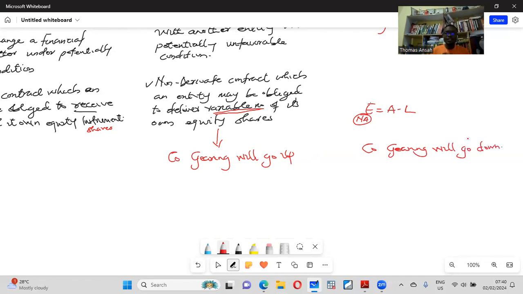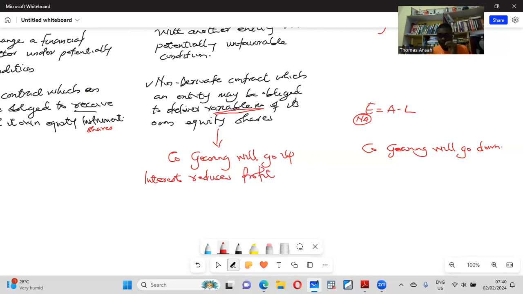And again, the interest on the liability is treated as what? Finance cost in the P&L. So which means it will reduce what? The profit. Interest reduces profit if it is classified as a liability.